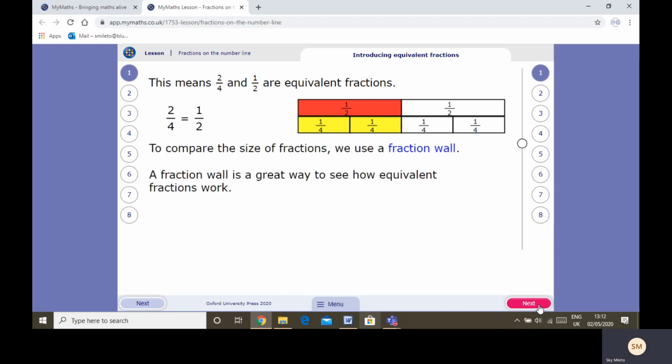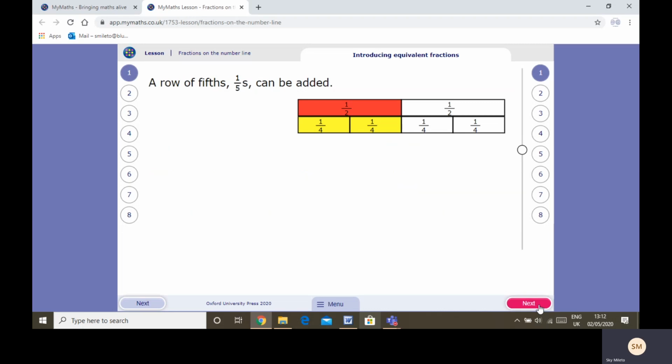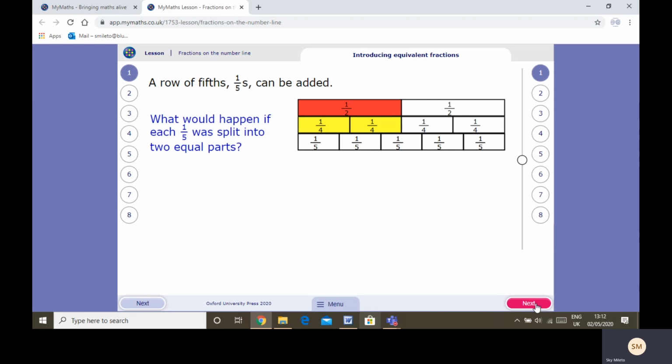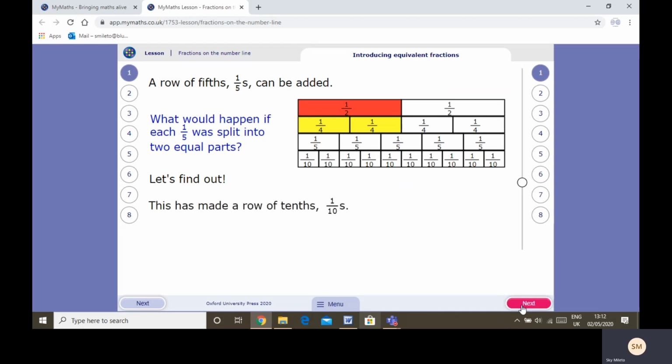This is a fraction wall, and it's a great way to see equivalent fractions because we can colour them in. Here we're building up our wall. Now we've got halves, quarters, fifths, and tenths. And we can see that 2/10 is the equivalent of 1/5. If we coloured these in, they would look the same length.